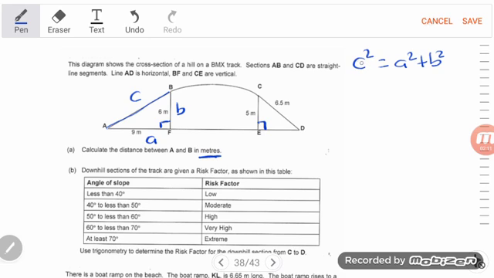So, we don't know what C squared is, but we do know what C is. So, C is AB. So, we can say the line AB squared is the same as C squared. So, we can put that there. So, A squared would be 9 squared, and B squared would be 6 squared.